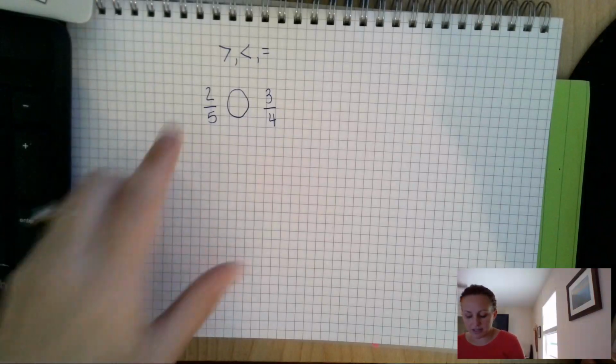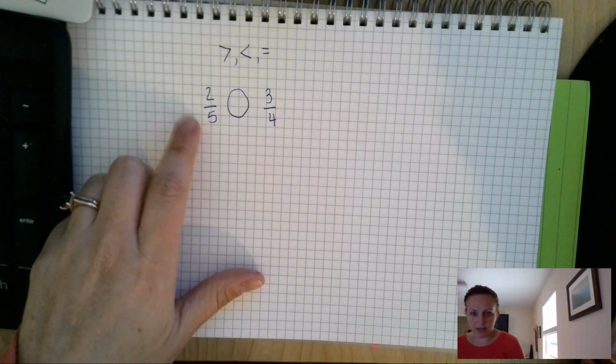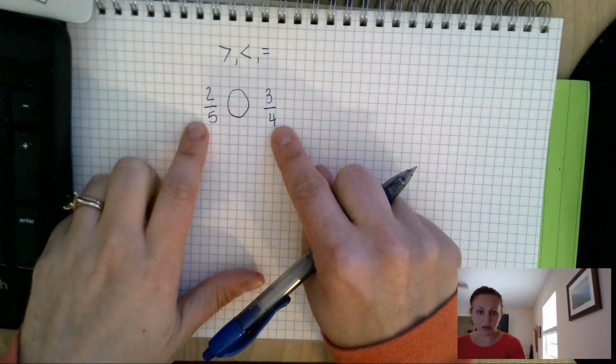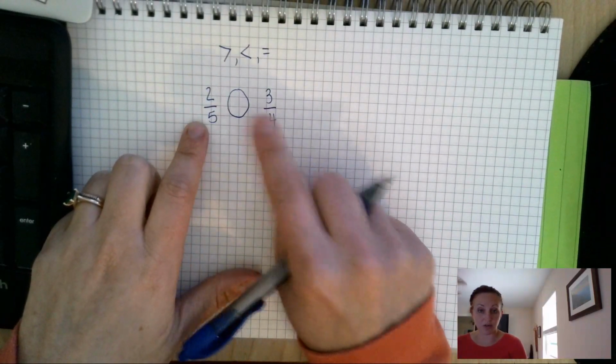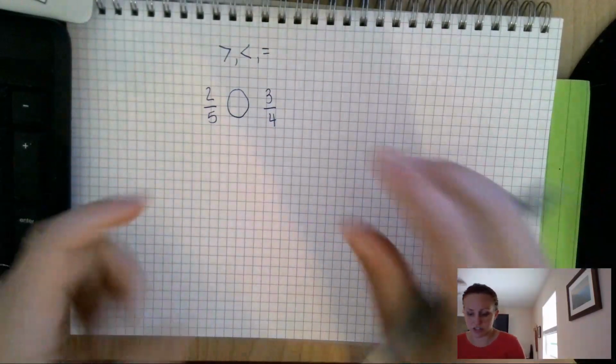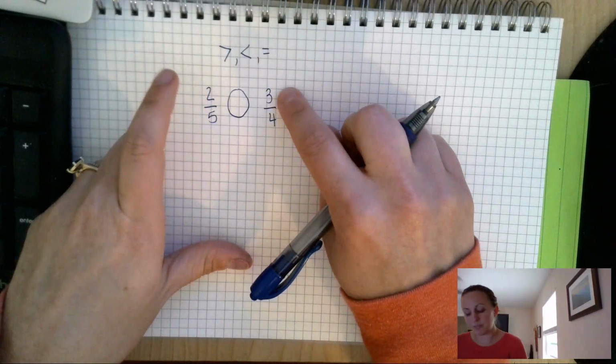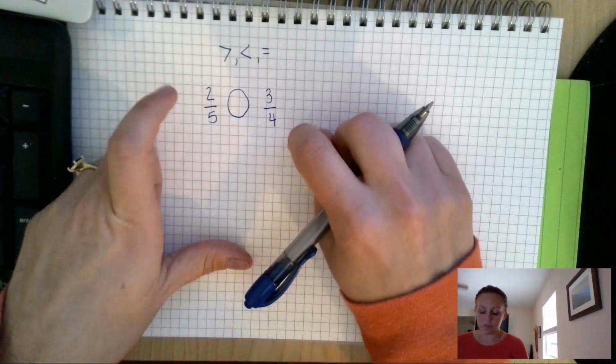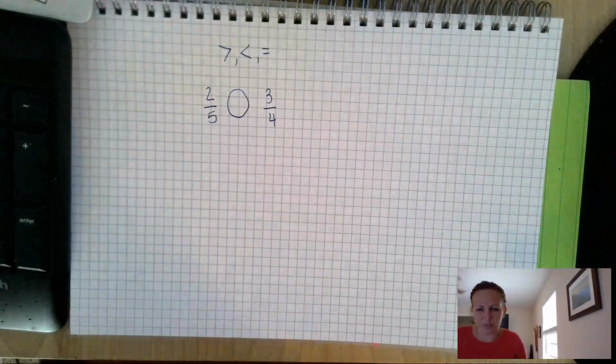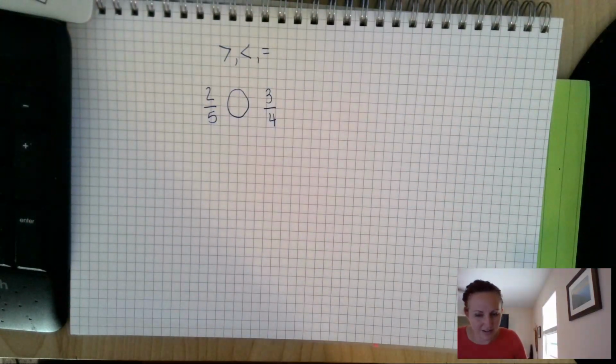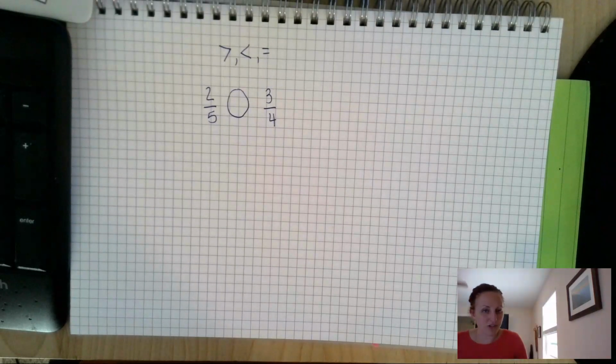You may be thinking, if I look just at the denominators, 5 is bigger than 4, so 2/5 is bigger than 3/4. Or if you look just at the numerators, 3 is bigger than 2, so 3/4 must be bigger than 2/5. How do you pick which one you're looking at? It's kind of tricky. So we want to use some math to help us figure this out.